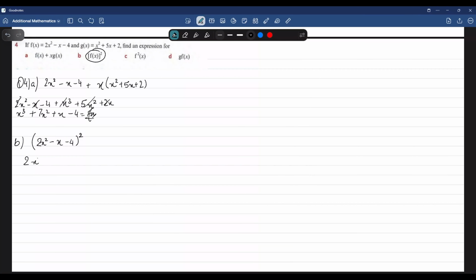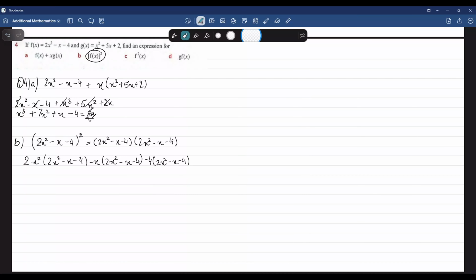So 2x squared multiplied by 2x squared minus x minus 4, minus x multiplied by 2x squared minus x minus 4, and then minus 4 multiplied by 2x squared minus x minus 4. Why I did that is because 2x squared minus x minus 4 squared would eventually mean 2x squared minus x minus 4 multiplied by 2x squared minus x minus 4.